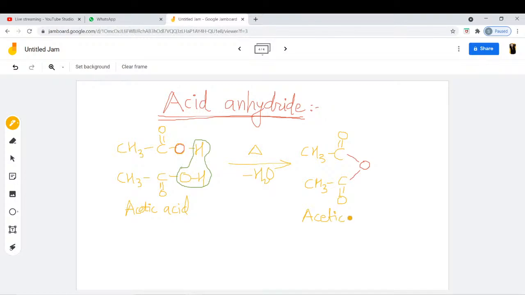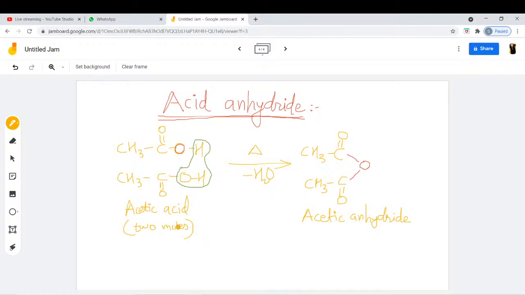Acetic anhydride. One more thing, listen: these anhydrides are made from these acids by removal of a water molecule. The water molecule is removed from acetic acid. How many moles here? 2 moles. Here I'm writing 2 moles.